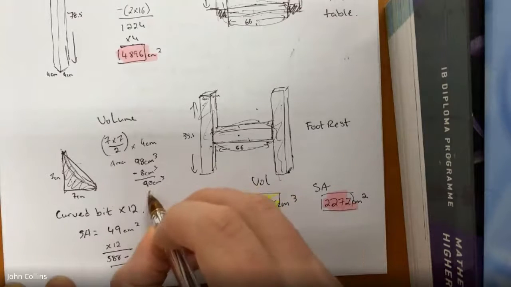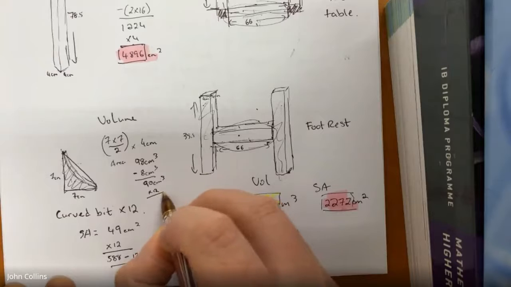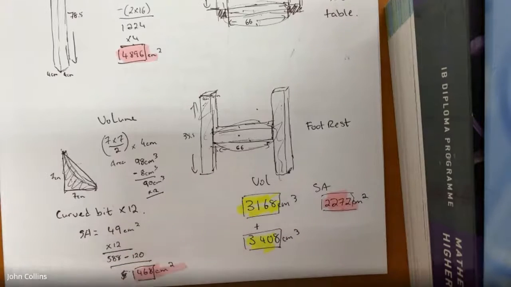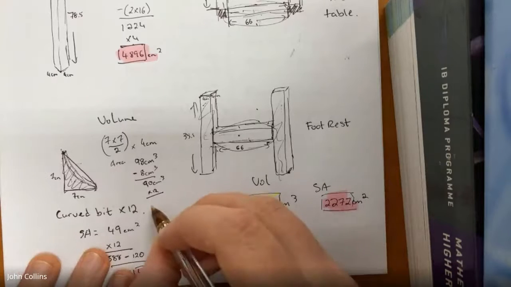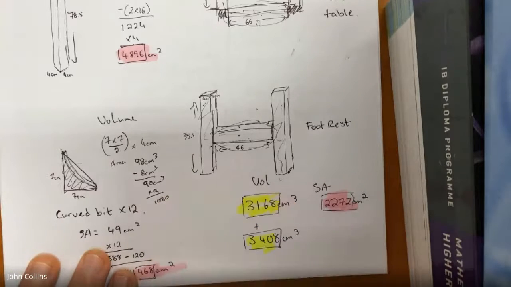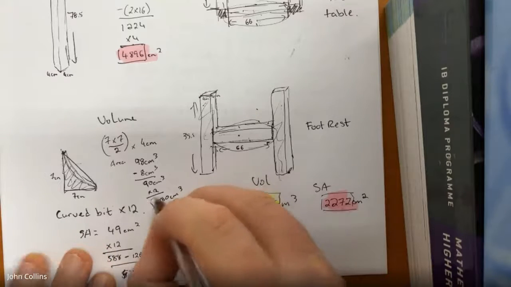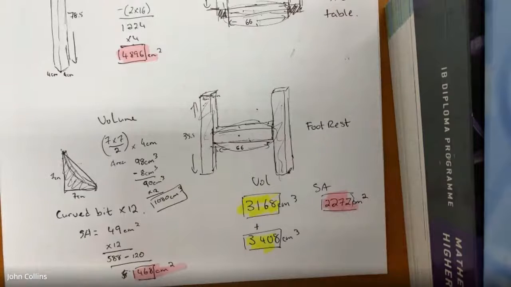And then multiply by my 12. 90 times 12. What's 90 times 12? It's 108 and then the 0 afterwards. Centimeters cubed. So that is my volume of those little bits.